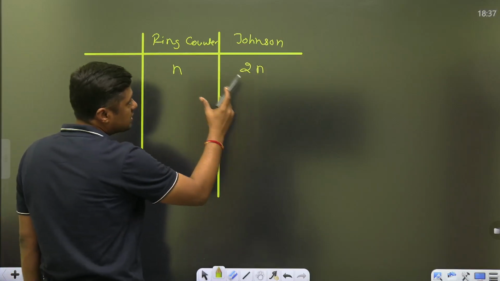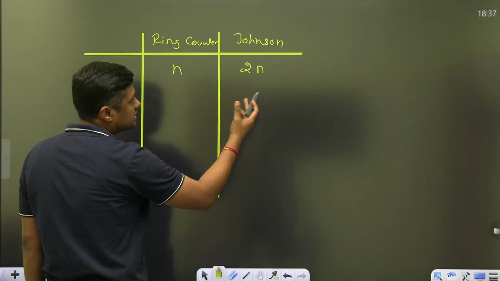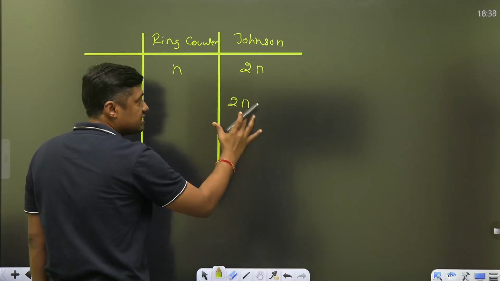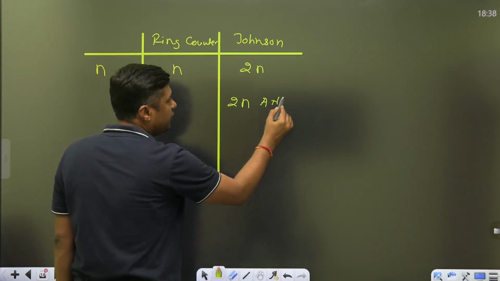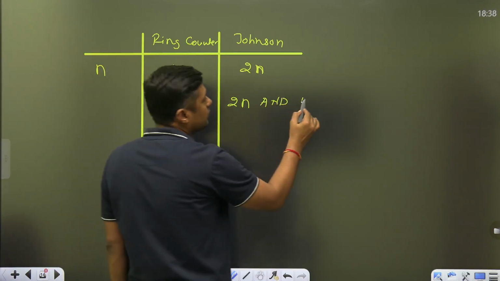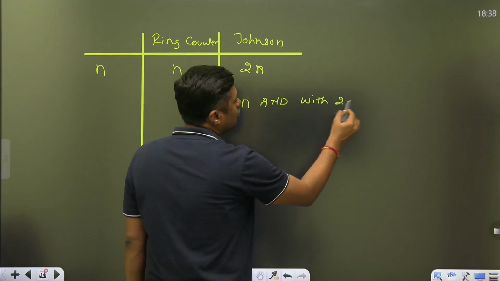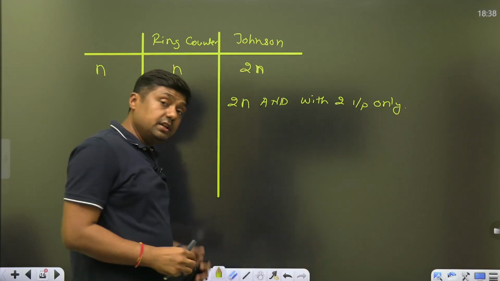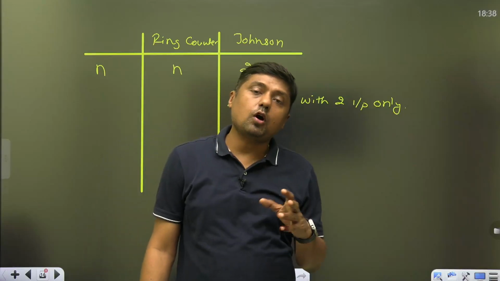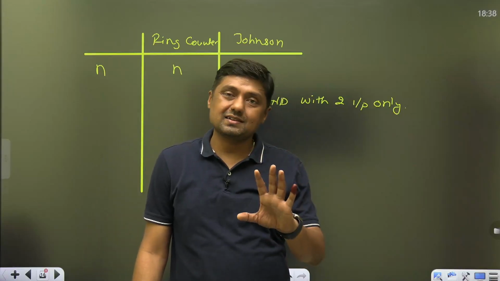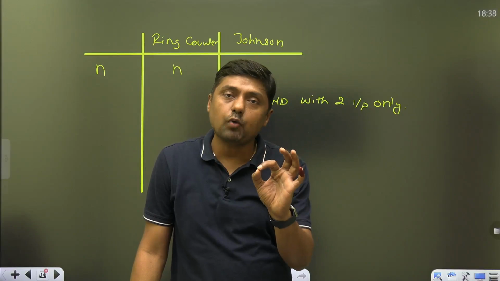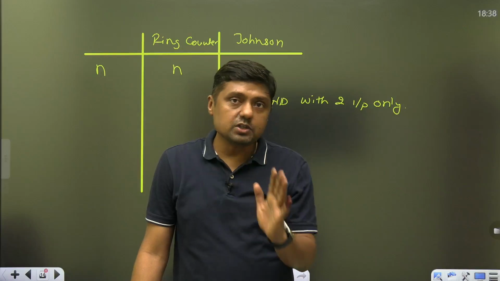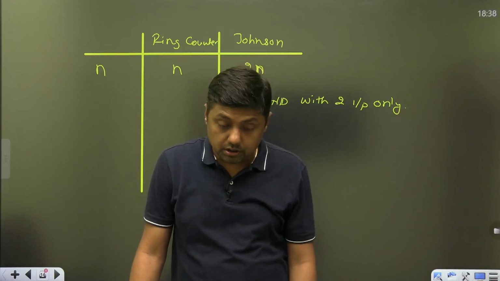Here extra gates are required. How many? 2-input AND gates only. Whether it is a 3 flip-flop or 4 flip-flop or 5 flip-flop, the input for the AND gate will always be 2 only. Okay, that is the difference between ring counter and Johnson counter.